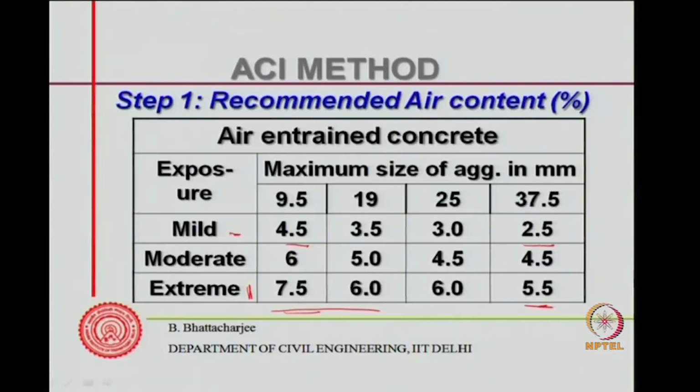So, your dosage of air entraining agent should be such that it gives you at least this recommended air content when it is exposed to extreme freeze thaw condition, mild condition as defined by the code. So, mild, moderate and extreme situation as defined by the code. So, this is the air content.